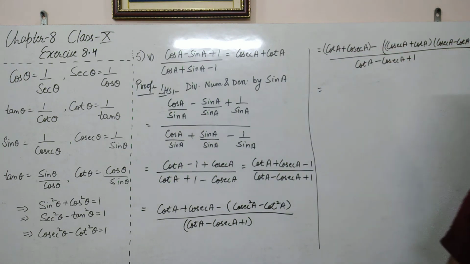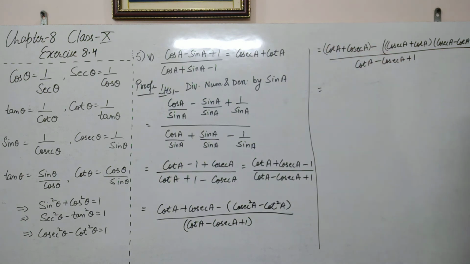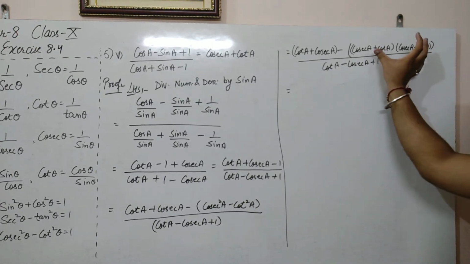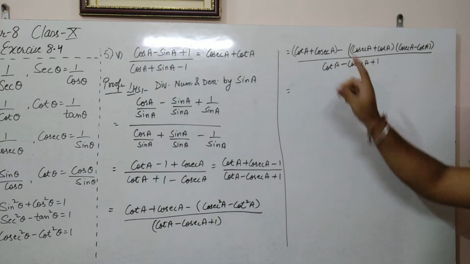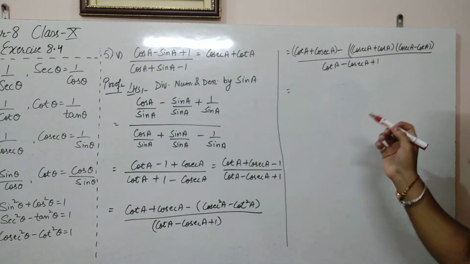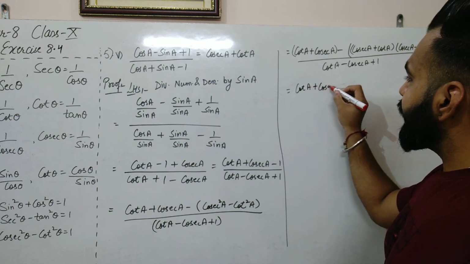Now we can see that there are two terms here. This is the first term, the whole bracket, and this is the second term. So we can take one factor common. Cot A plus cosecant A is in both the terms, so take it common. Cot A plus cosec A.